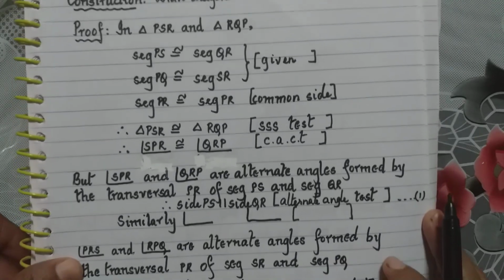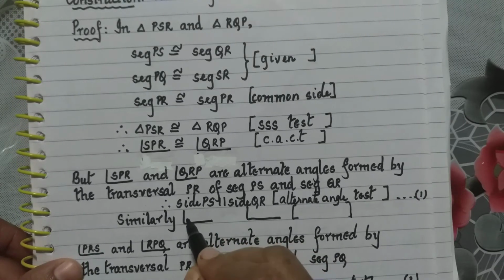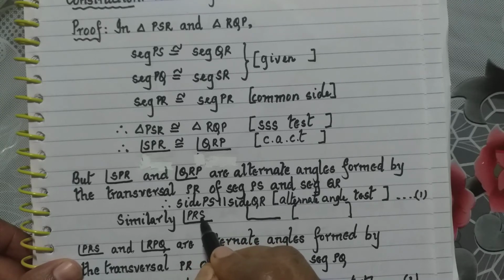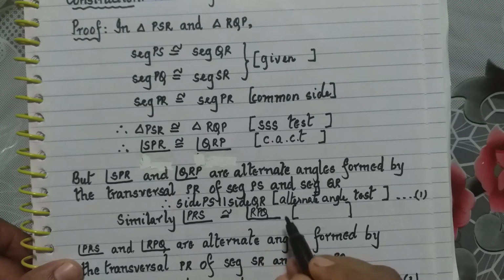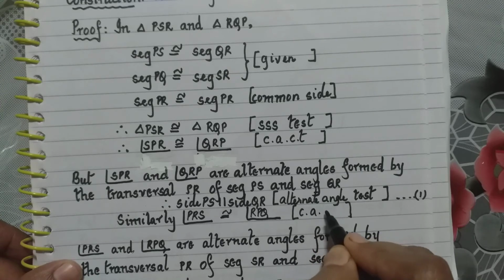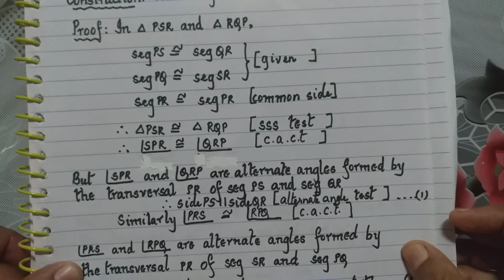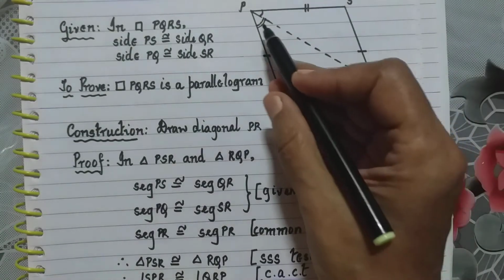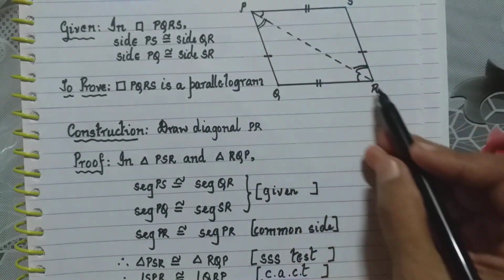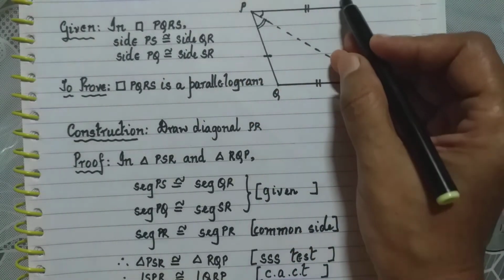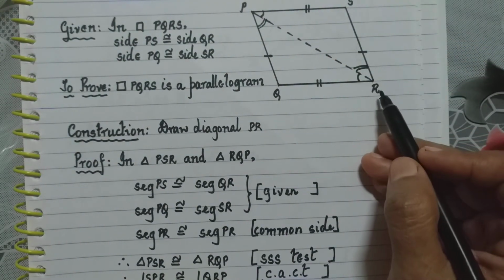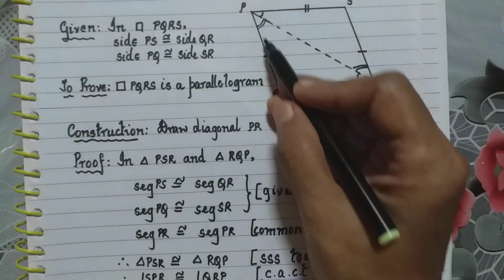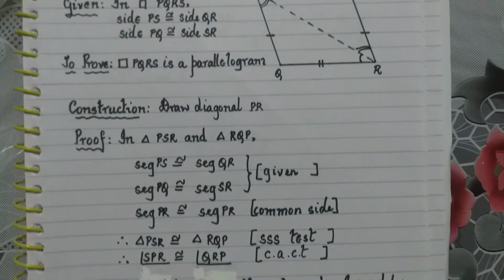So we can write here similarly, angle PRS is congruent to angle RPQ by CACT. Okay, we said angle PRS. PR is the side which is common. RS is represented with one line. Also, when we say RPQ, RP is the common side and PQ is represented by one line.